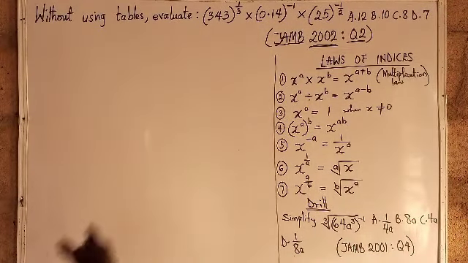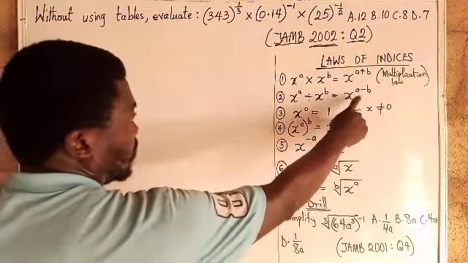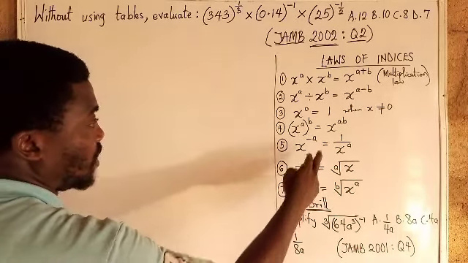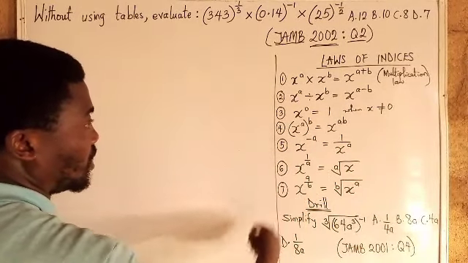These are the laws of indices. We have the multiplication law, the division law, the law of the power of 0, the product of the power, and the power of negative, which gives you the inverse of the number.